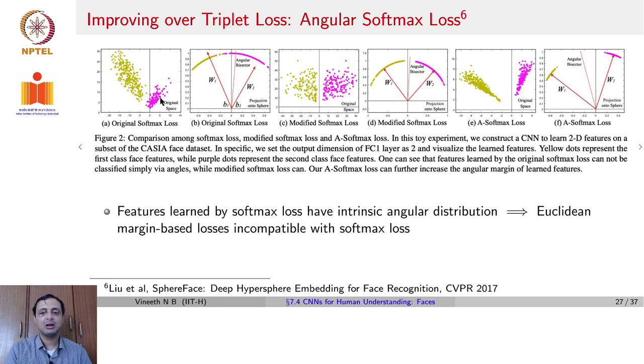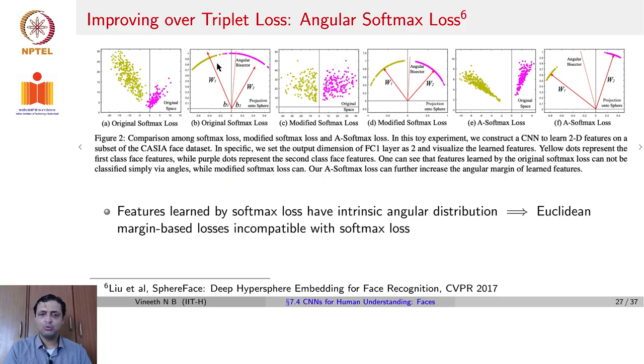All these points that are pink or purple belong to the other class. So one can see that if you normalize these vectors and get a unit norm, it may be a little difficult to use the cosine distance between these two to separate the identities. You can see here that there are certain points where the yellow and the purple almost overlap.